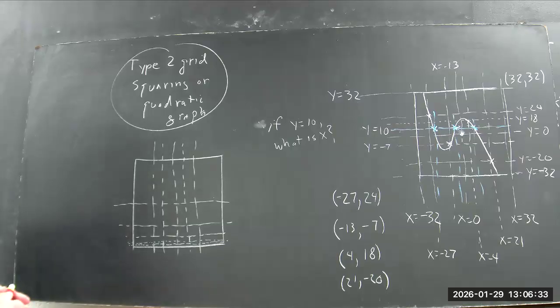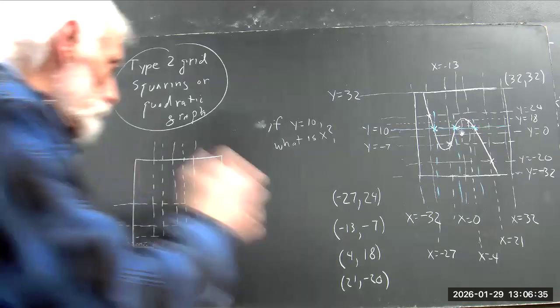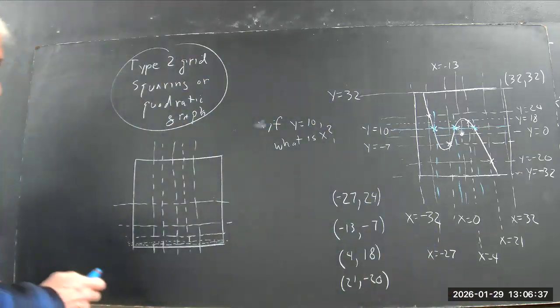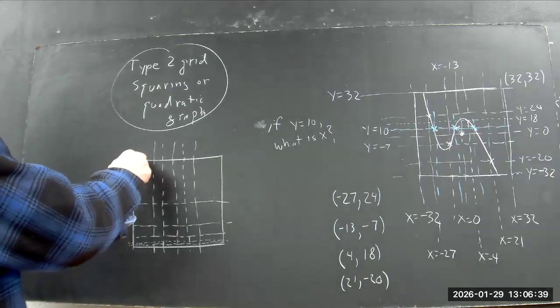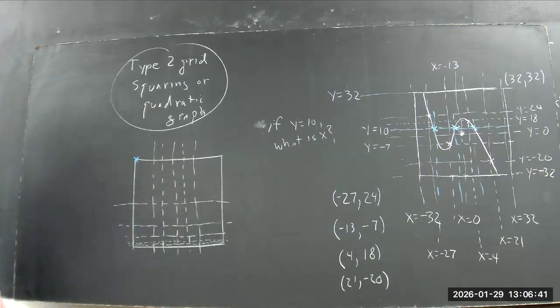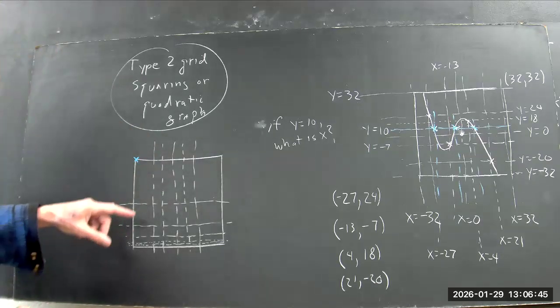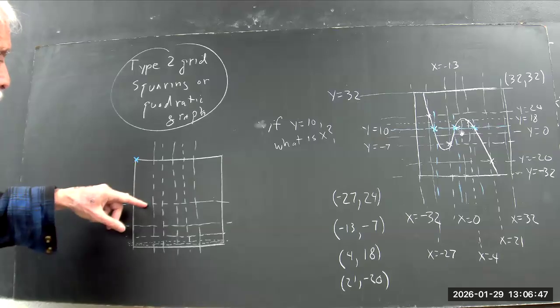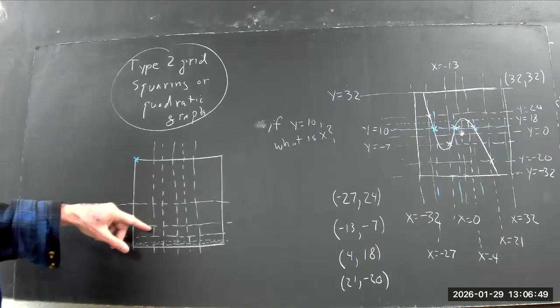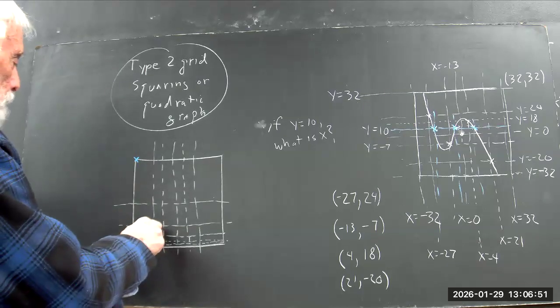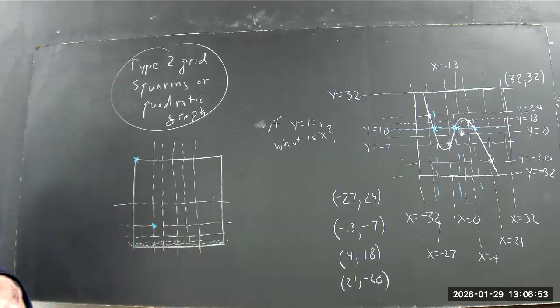And your rule is very simple, but not quite as simple as it was for the exponential function. Start at the top left. You move to the next vertical line, and then you skip one horizontal line and make a mark on the next. Okay?